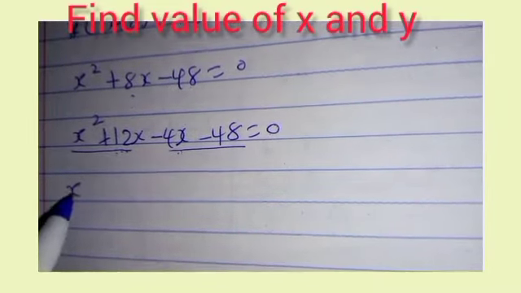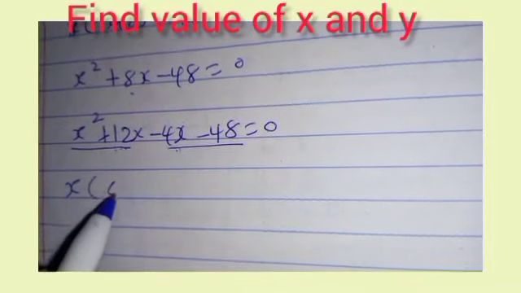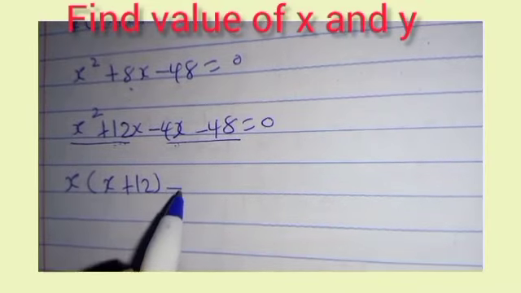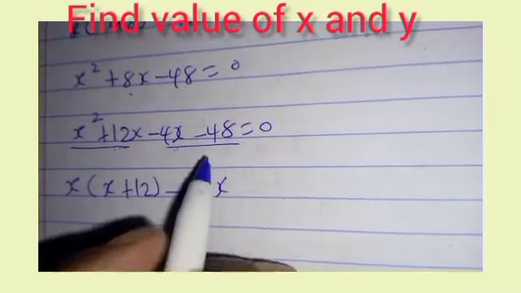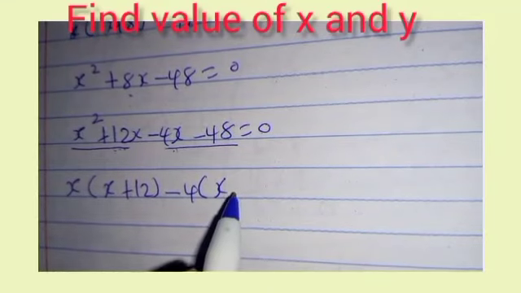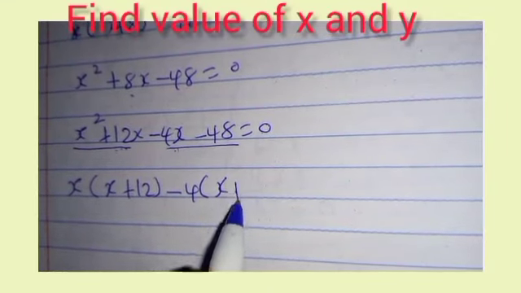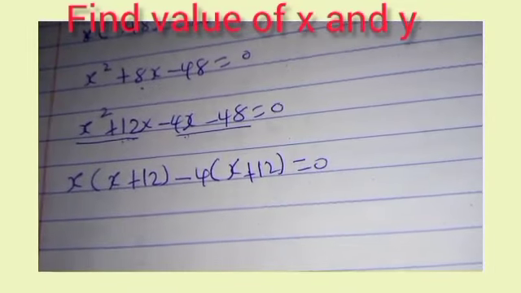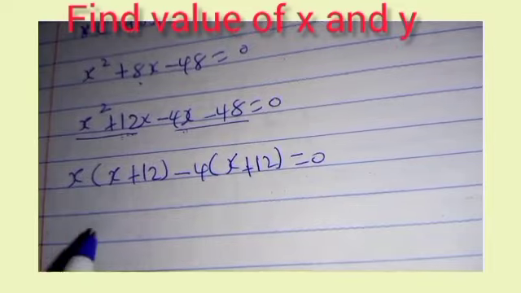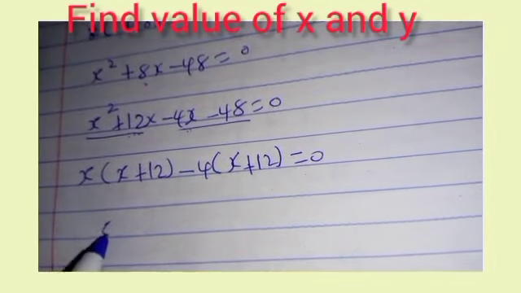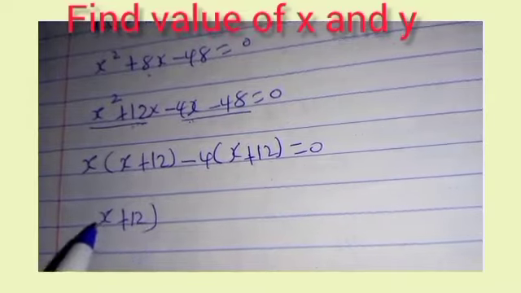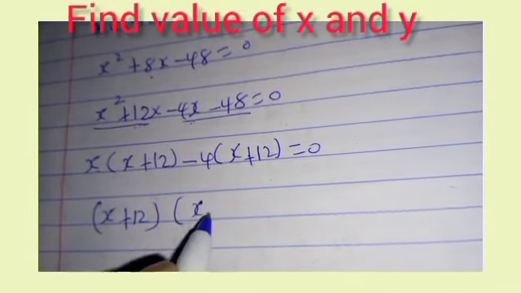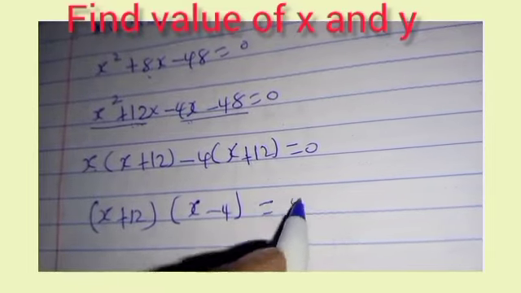So x is common in the first two. So factoring x, we will get x plus 12. In the last one, we factor negative 4 outside, and it will give us a positive 12, which is equal to 0. Next, we factorize x plus 12, which is common, and here we will be left with x minus 4, which is equal to 0.